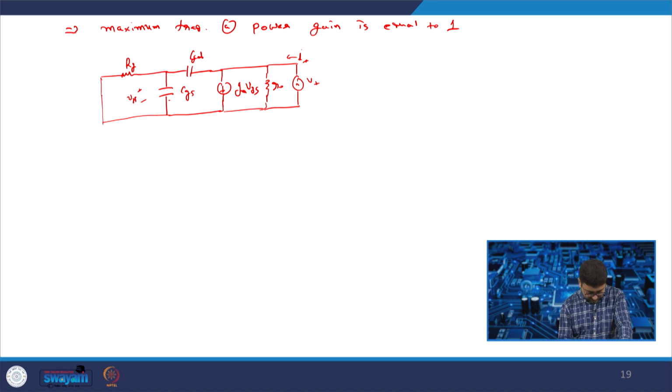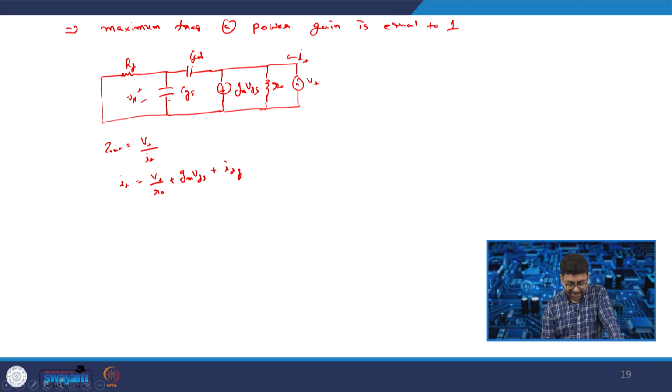So, your output impedance Z out is equal to Vt by It. Now, It can be given as Vt by Ro plus the current Gm into VGS, and the current into the CGD, that is IDG.